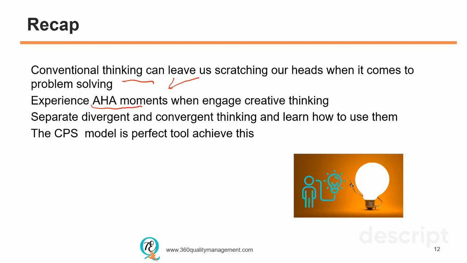And separate divergent thinking, which is the more creative part of free-flowing ideas, from convergent thinking, which stops ideas from coming up because we tend to judge and organize the ideas. Learn how to use both the divergent and convergent parts that are in our brain. The Creative Problem Solving model is really a perfect tool to achieve this kind of separation of divergent and convergent thinking.